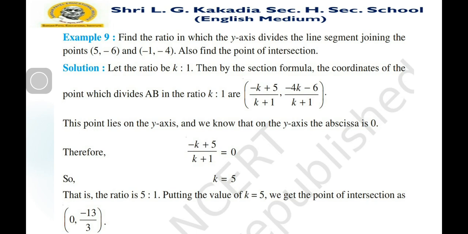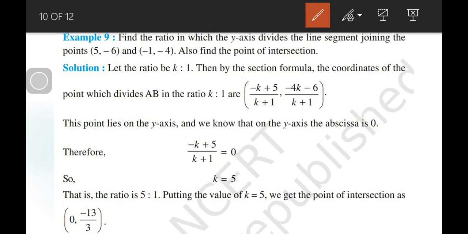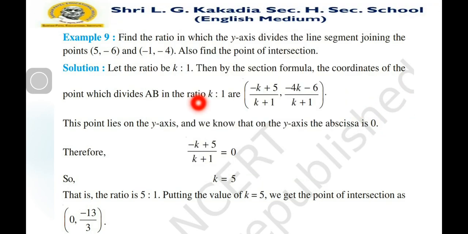Now we know that a point on the y-axis can be given as (0, y), because the x coordinate will be 0 on the y-axis. So the intersection point will be on the y-axis because the y-axis divides the given line segment. Let the ratio be k is to 1.